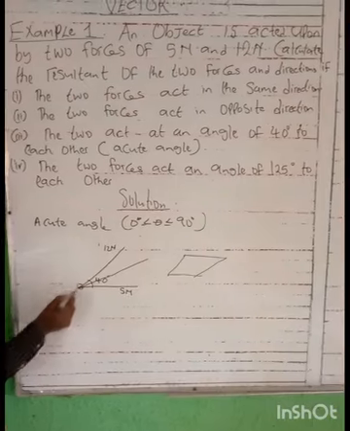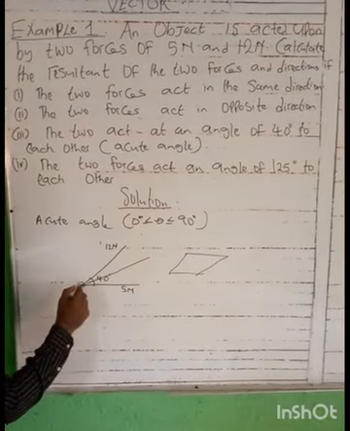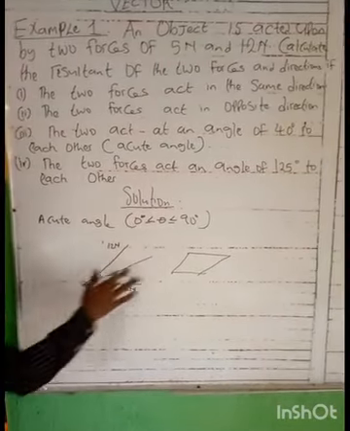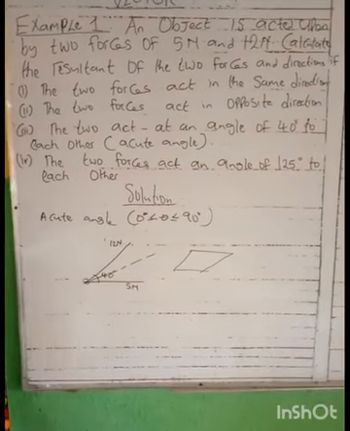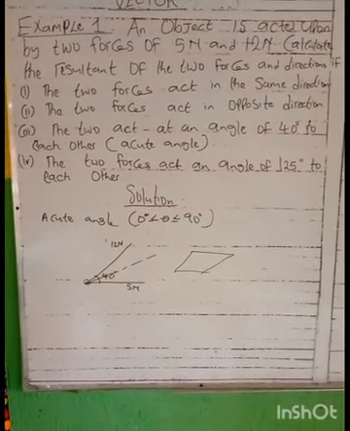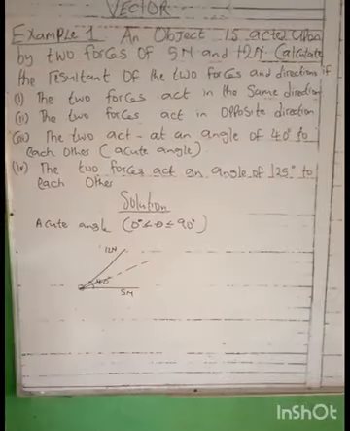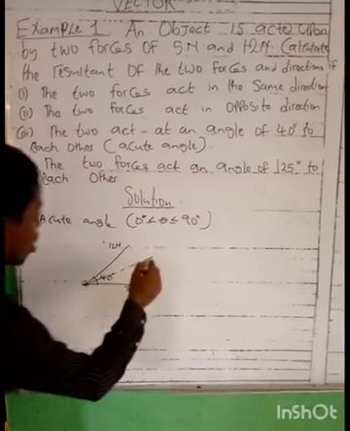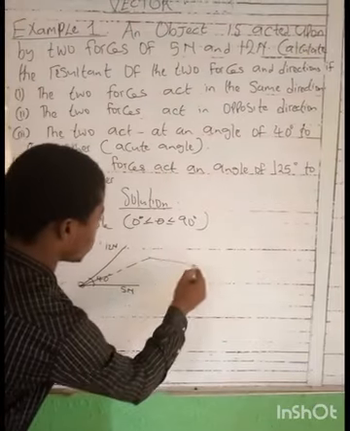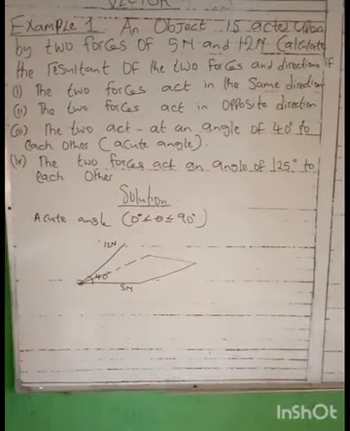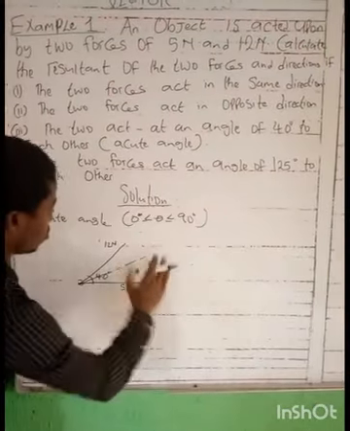This is where they intersect. So the resultant comes from the diagonal from the point of intersection. So by the time we complete this, we are going to have a parallelogram, as you can see here.